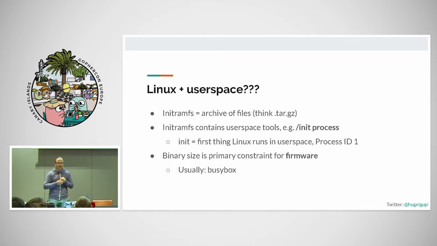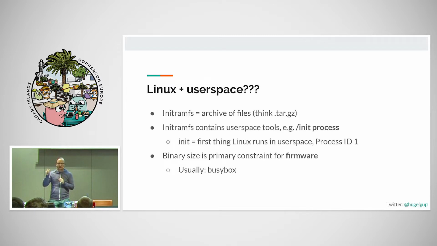But let's get to the Go part of this. And that is, if you put Linux in firmware, you need to have something in user space. Linux is usually compiled with something called an initramfs. An initramfs is basically an archive of files. Think a tarball. That initramfs gets unpacked and put in a tempfs RAM file system, like an in-memory file system.